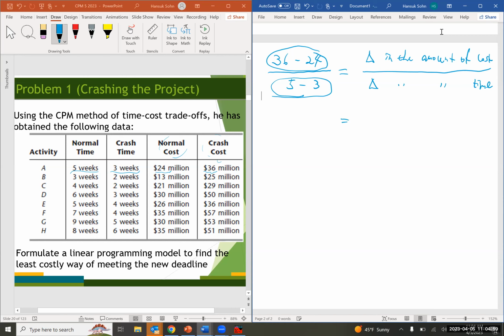So that's the unit crash cost, I call it, of reducing the duration of activity A. Okay. So how much is that? That's going to be 12 over 2, which is equal to 6.